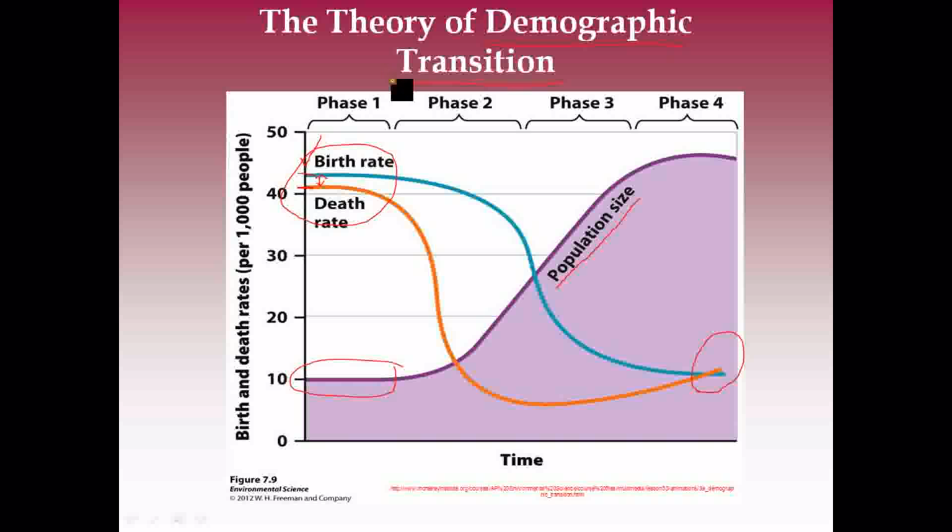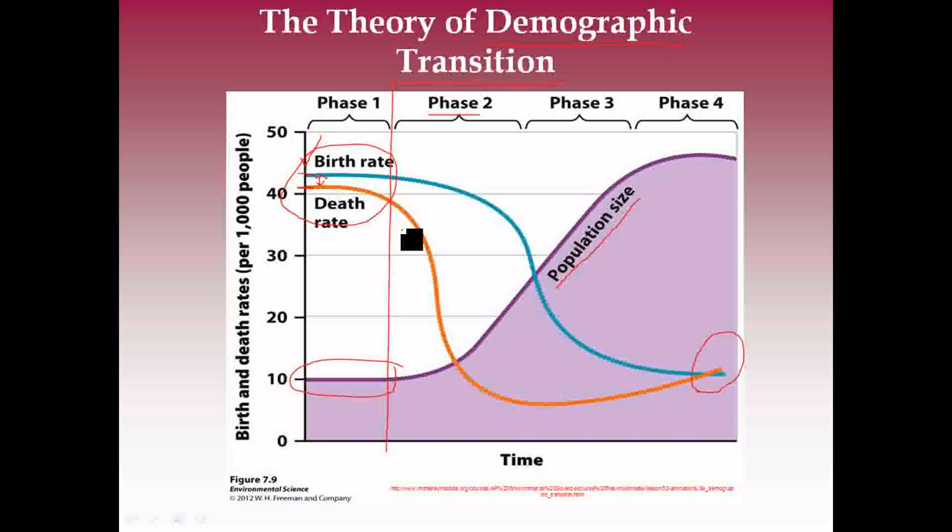Something changes when we go into phase 2, and this is important for you to remember. It's not that the birth rate declines. The first thing that happens in phase 2 is a big decline in the death rate. Now, why do you think there might be a big decline in the death rate? Better health care.